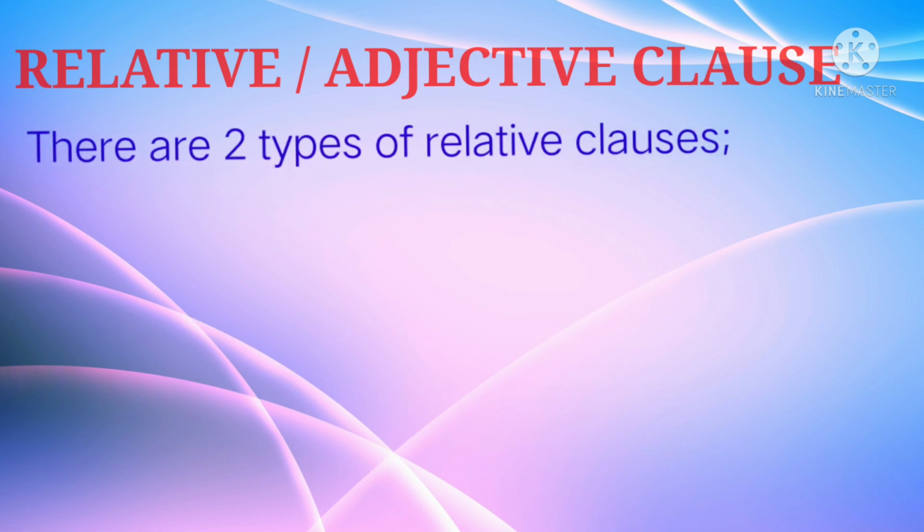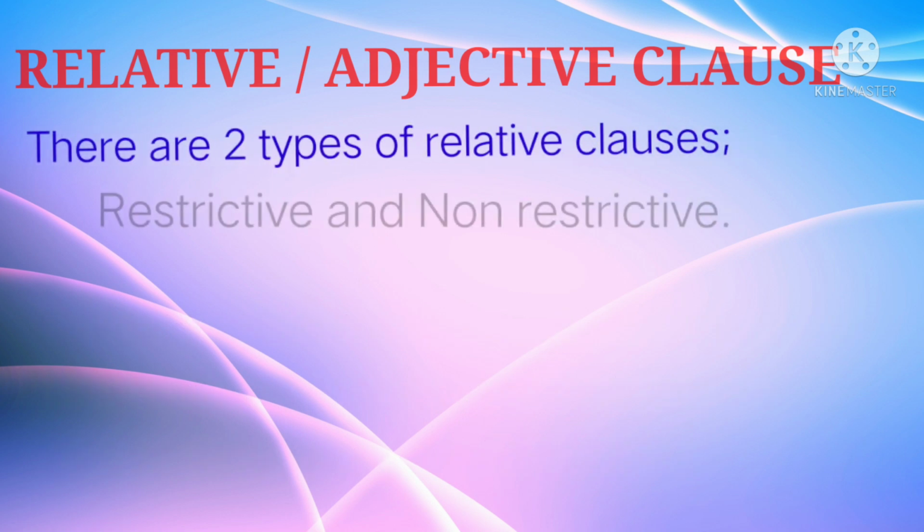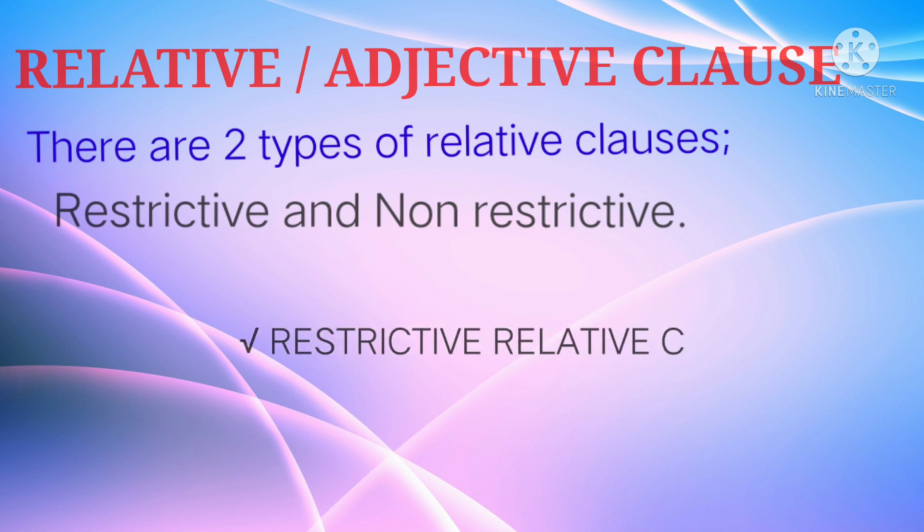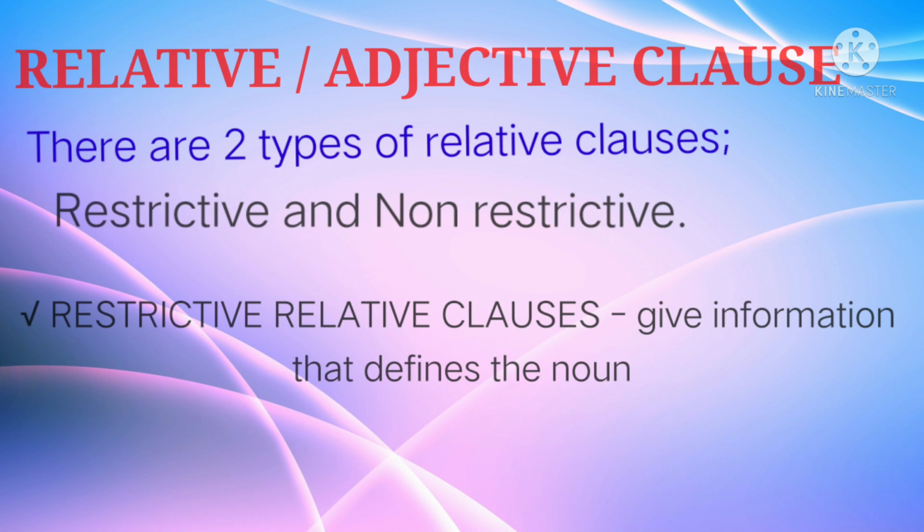There are two types of relative clauses: restrictive and non-restrictive. Restrictive relative clauses give us information that defines a noun, information that is necessary for complete identification of the noun.